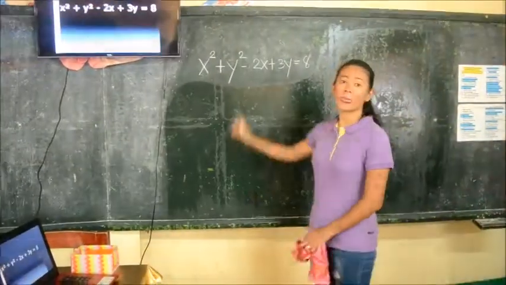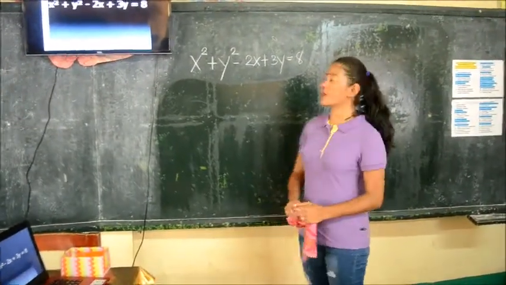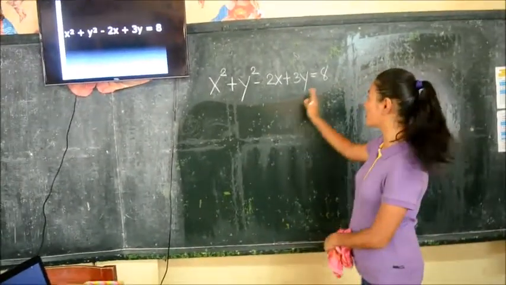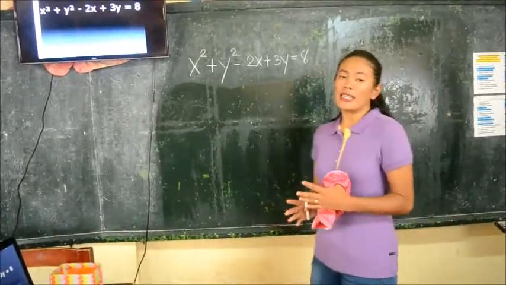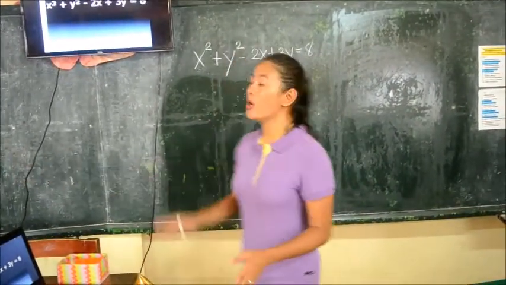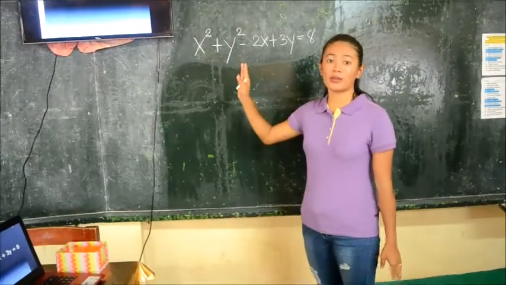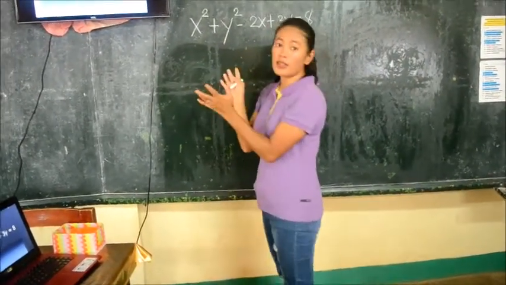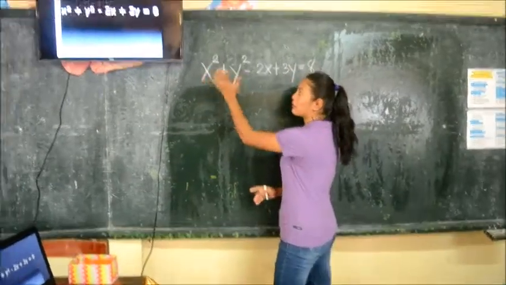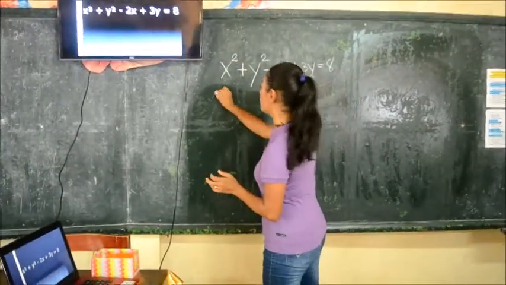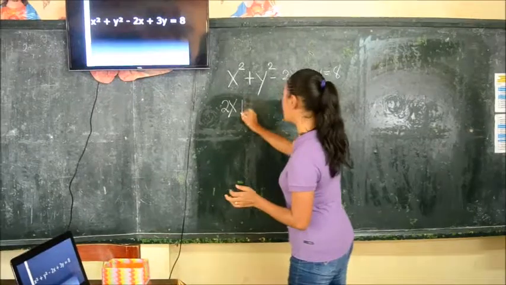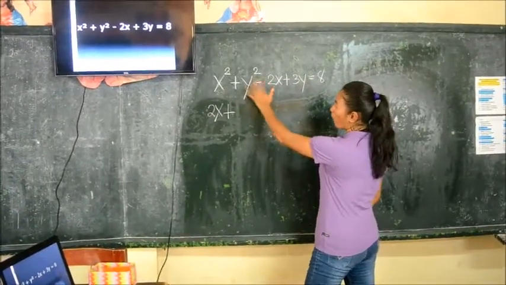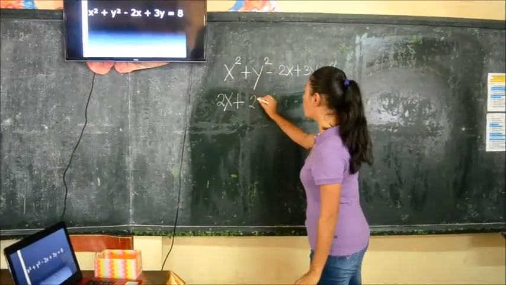Another example. x squared plus y squared minus 2x plus 3y is equal to 8. Now, in implicit differentiation, when x and y intermix, let's first derive all the variables. The derivative of x squared is 2x, plus the derivative of y squared is 2y.